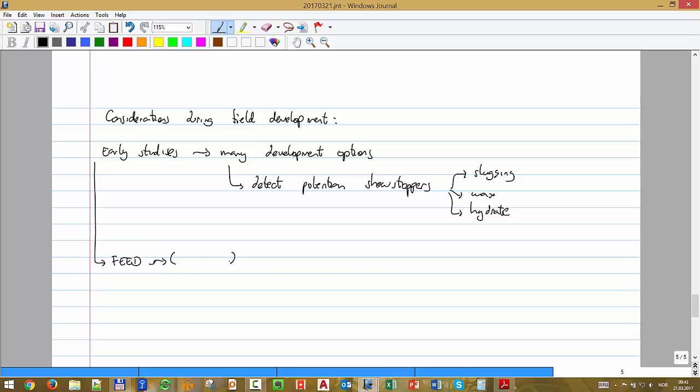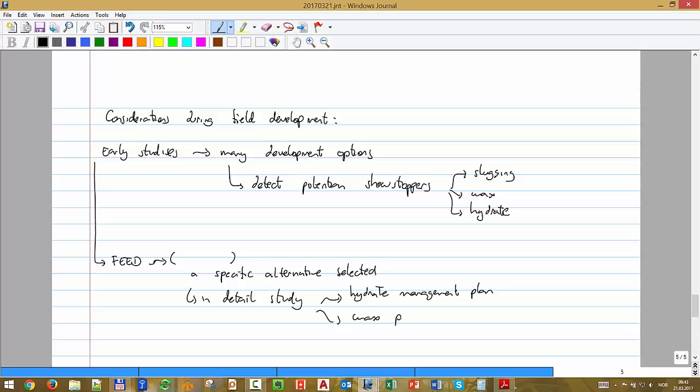Okay, it stands for something, but it's after you have a specific alternative selected. Then you have to do an in-detail study, and basically here I develop my hydrate management plan, my wax management plan, and make the detailed pipeline design.